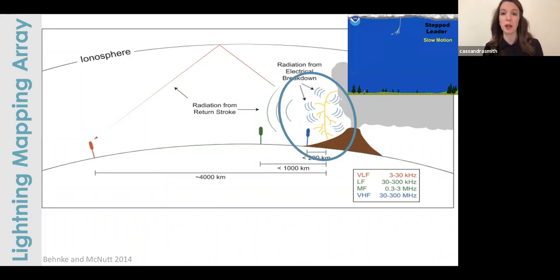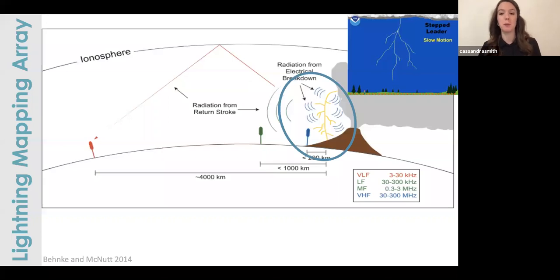So that's VHF. So that's 30 to 300 megahertz range. And we can record that with a lightning mapping array if we have one set up within approximately 200 kilometers of the volcano. So this is a local near volcano method, but it gives highly detailed images of lightning flashes in 4D.